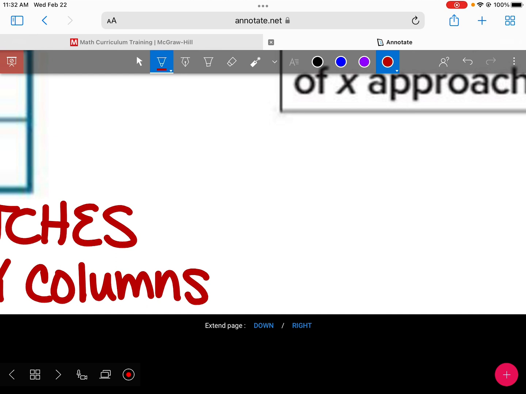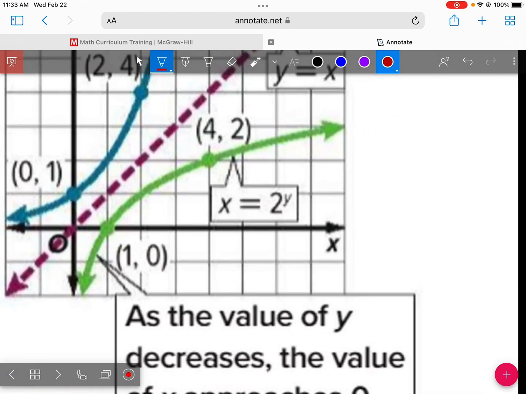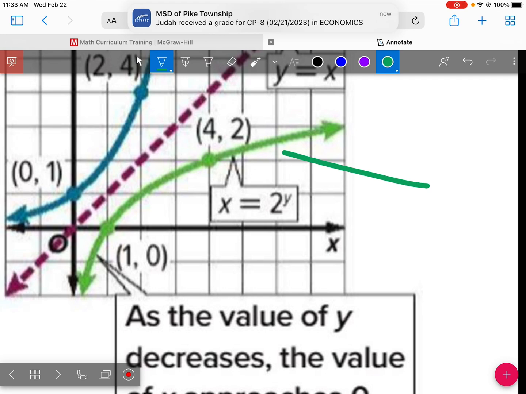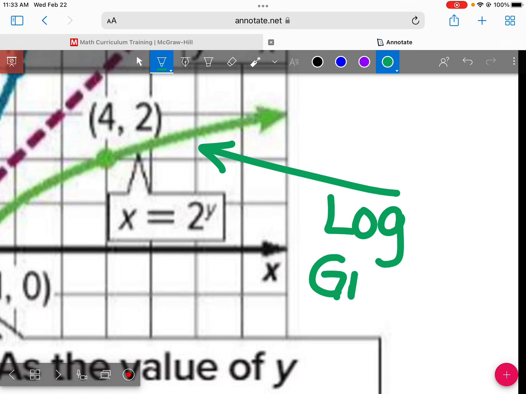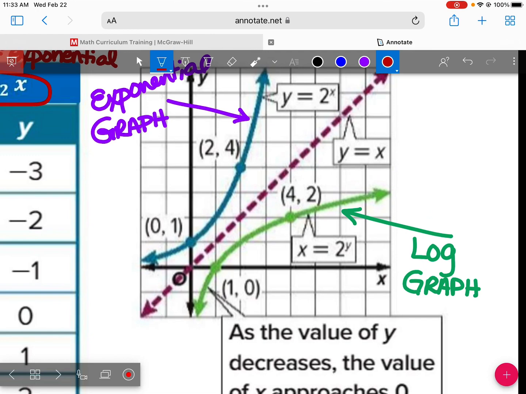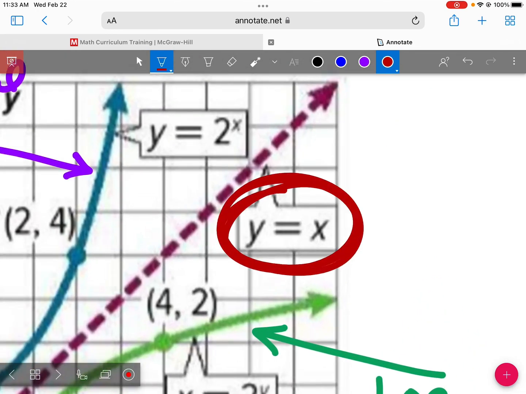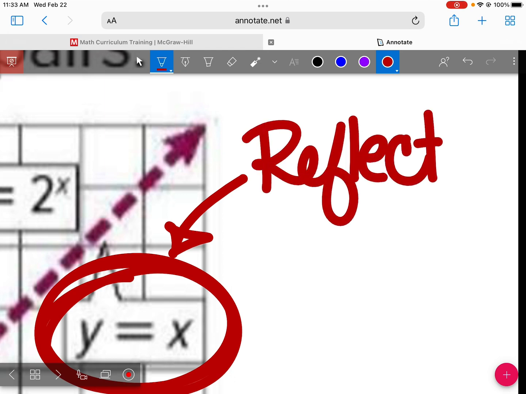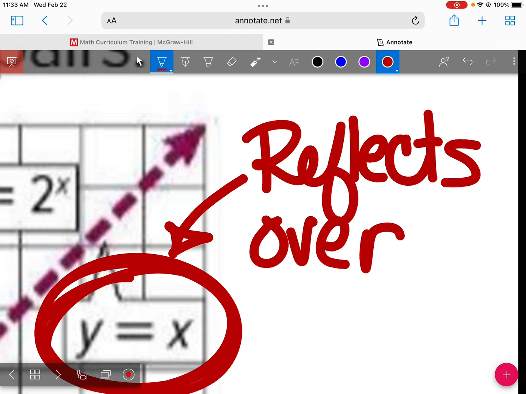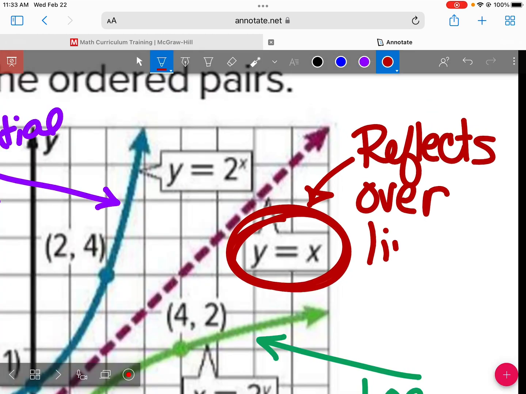No. X is always our left-hand column, y is always the right-hand column. But the numbers in those two columns switched places. So this green graph over here, this is the log graph. And it reflects over the line y equals x.